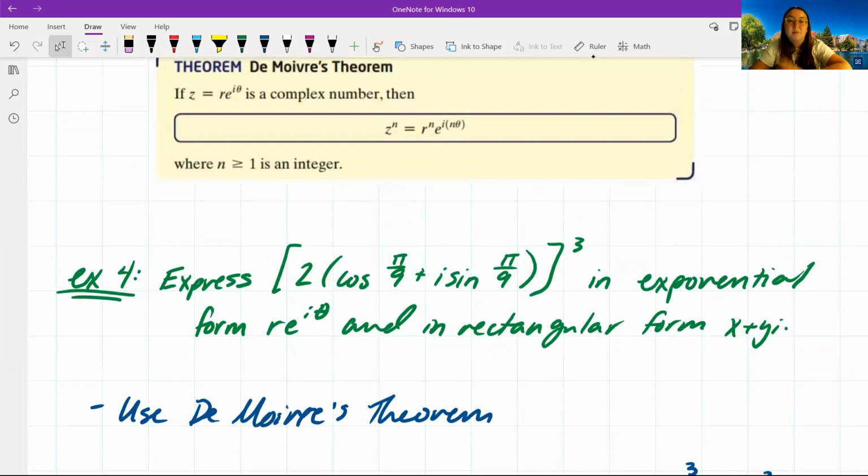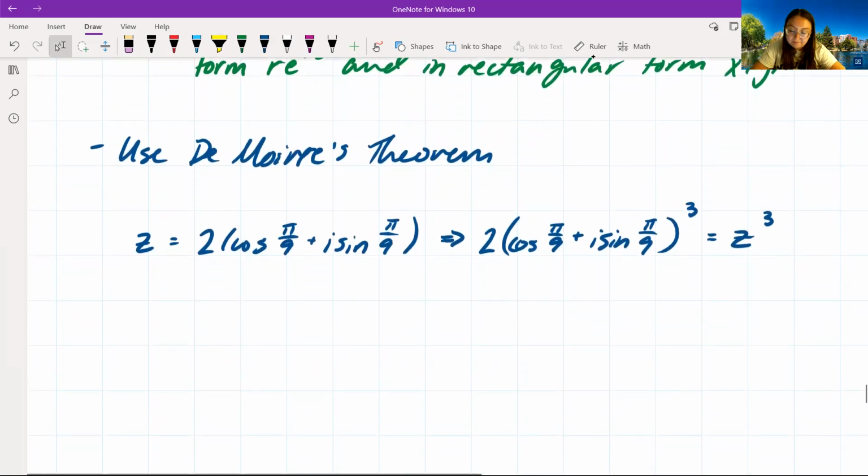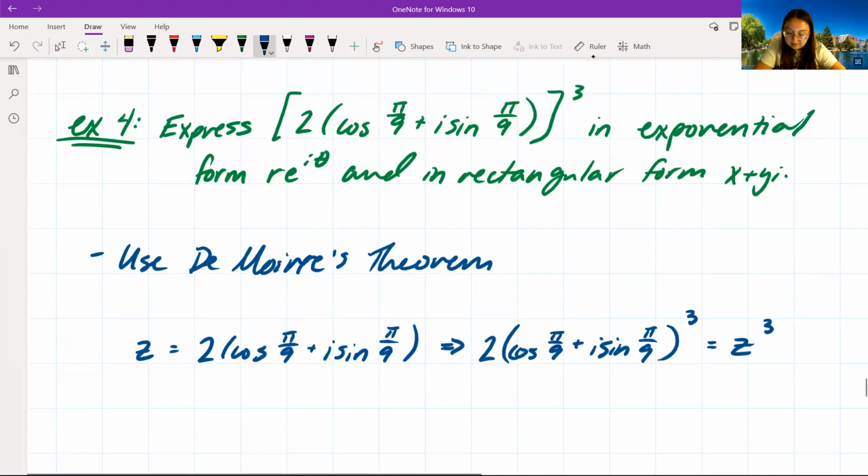So we can use our de Moivre's theorem now. So, this is all to the power of 3.